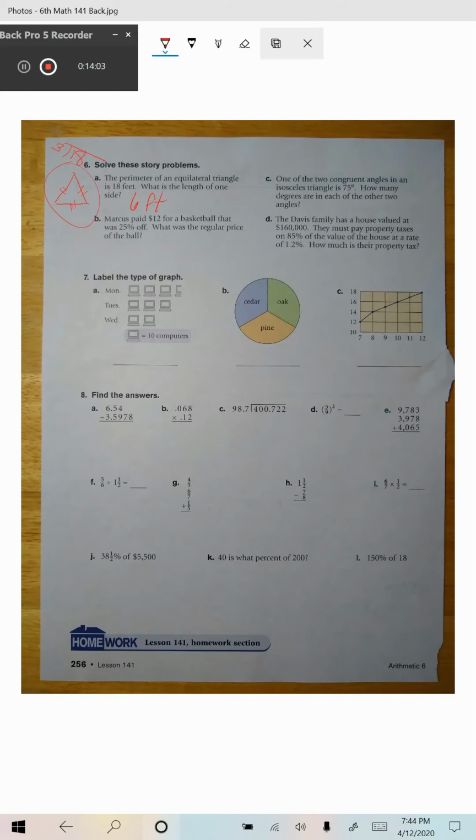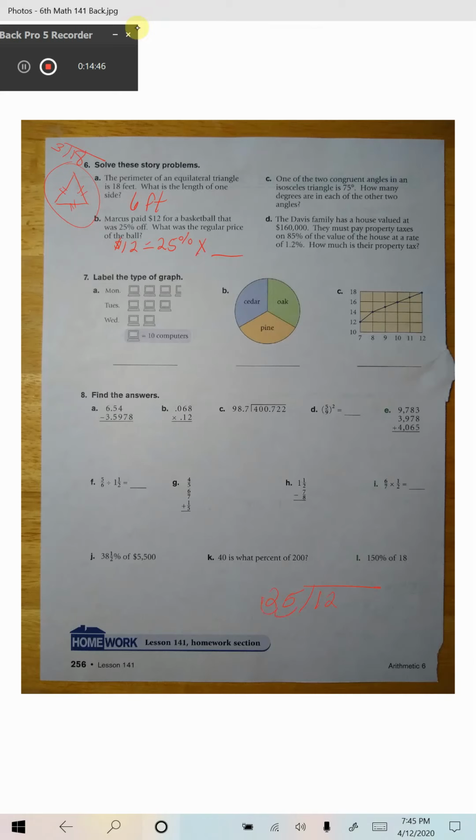It's pretty easy. Marcus paid $12 for a basketball that was 25% off. What was the regular price of the ball? All right. This is how I set up this problem. So $12 is his total cost, right? So $12 is 25% of some number. And so at that point, I see that I can do 12 divided by 0.25.